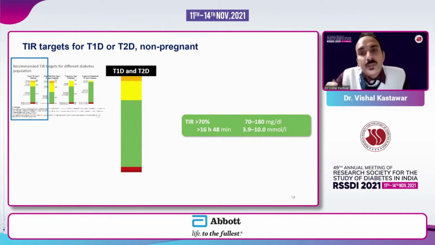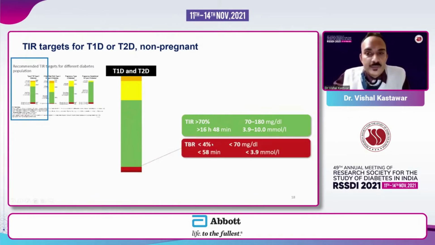The ADA also recommends giving in brackets what time in range means over a 24-hour period. So time in range of 70% means maintaining glucose level between 70 to 180 milligram per deciliter for more than 16 hours and 48 minutes over a day.